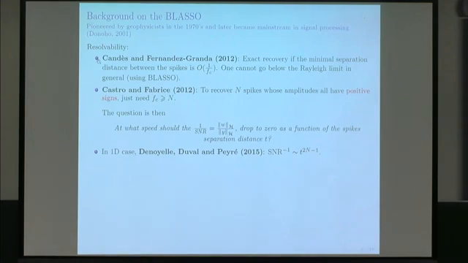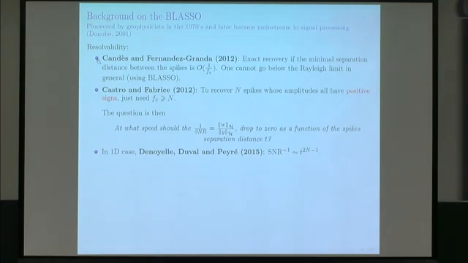And this question was addressed in the one-dimensional case by Denoyelle, Duval, and Peyré recently, where they showed that in the 1D case, the answer is that you will have stable super resolution provided that 1 divided by SNR scales like t, the separation distance, to the power of 2n minus 1, where n is the number of spikes. So I'll say more about this later on.